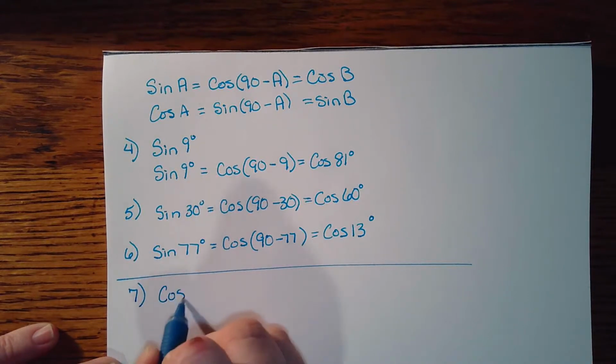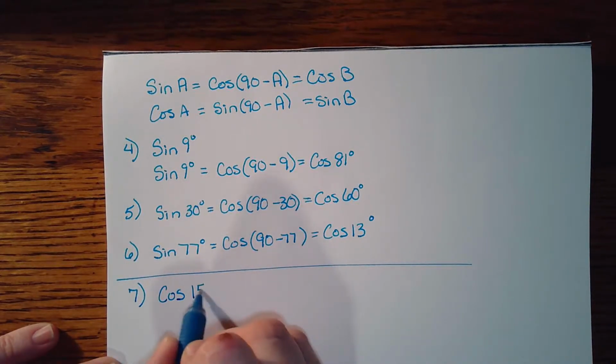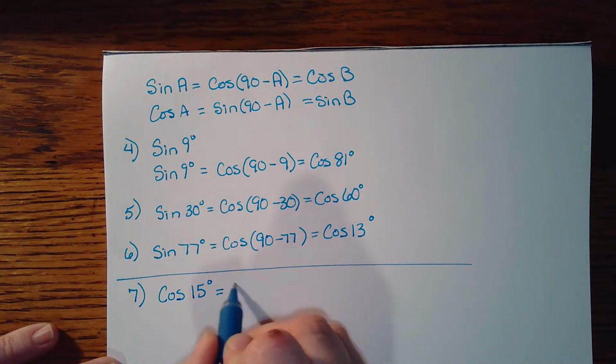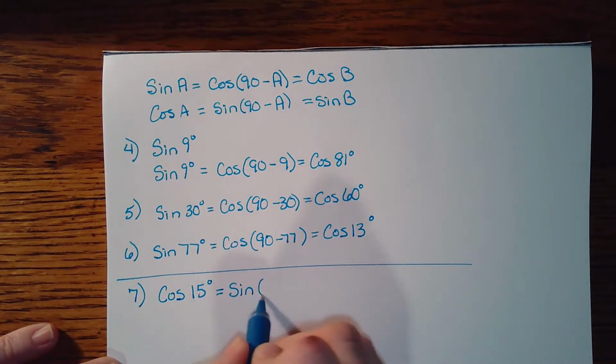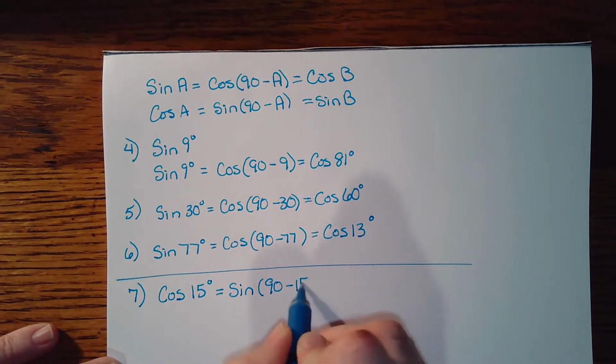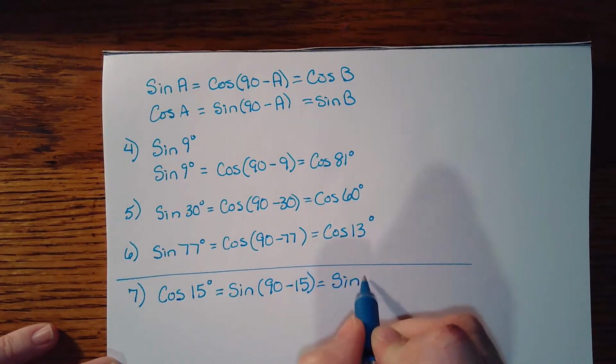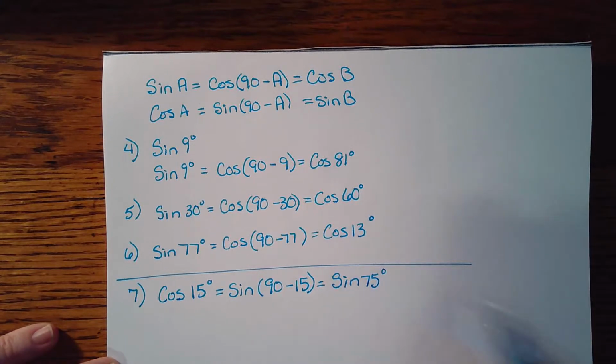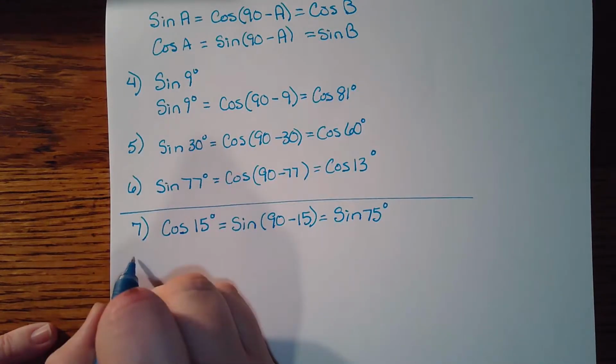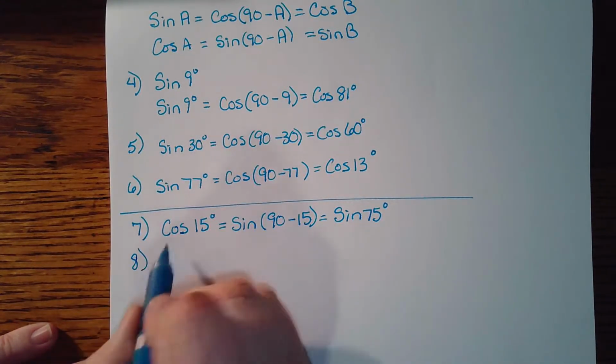Cosine 15 degrees equals sine of 90 minus 15, which will give me sine 75 degrees. Number 8, same thing.